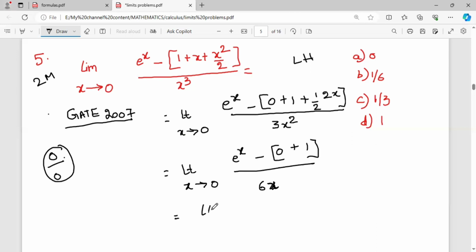Now limit x tends to 0 of (e power x minus 1) by 6x. If you substitute 0 again, it becomes e power 0 minus 1, that is 1 minus 1, 0 by 6 into 0, which is again an impossible solution.